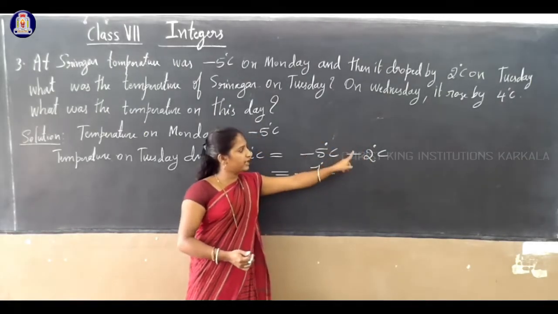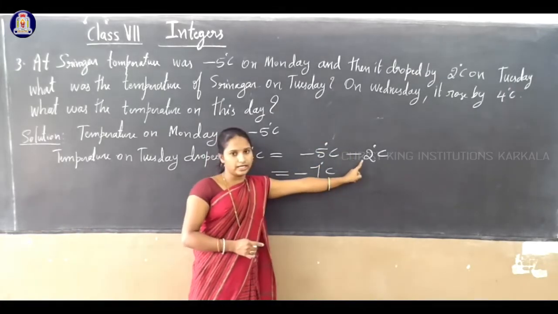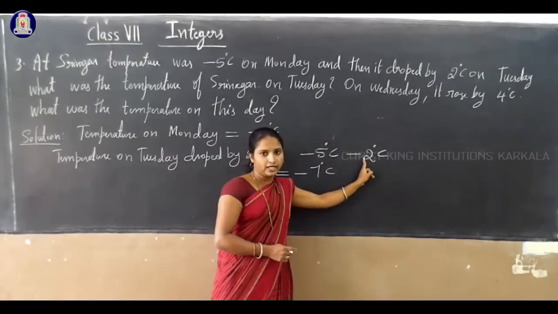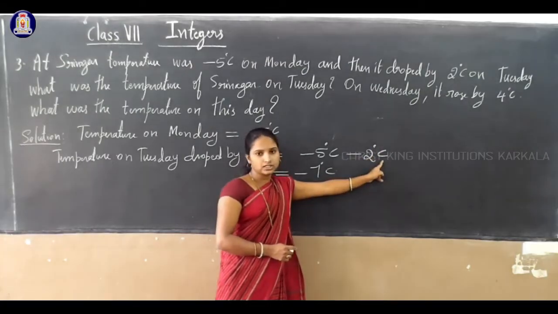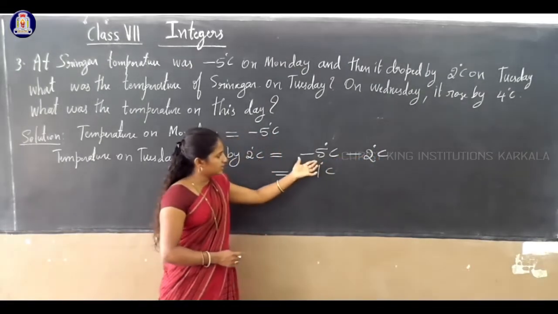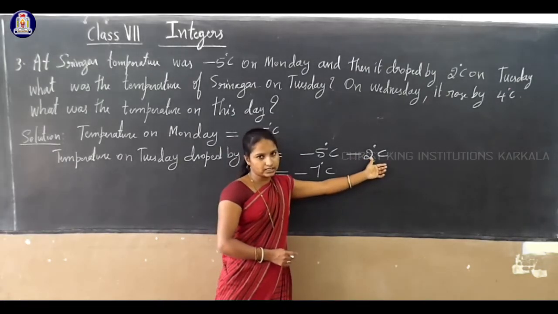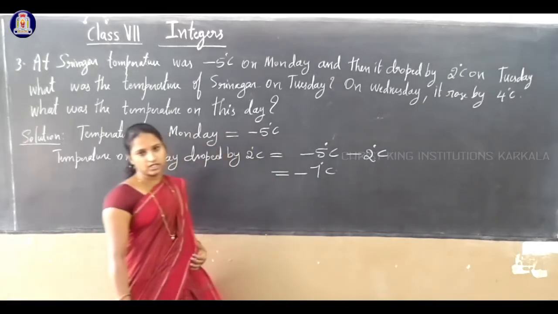Rises means you write plus. Temperature is rising means you write plus 2 degrees. But in the question it is given the temperature dropped by 2 degrees Celsius, so you write minus 2 degrees Celsius. Clear? So we get minus 5 degrees Celsius minus 2 degrees Celsius. The answer will be minus 7 degrees Celsius.